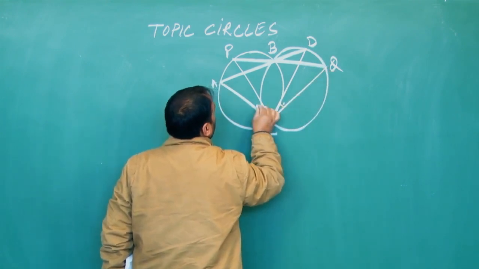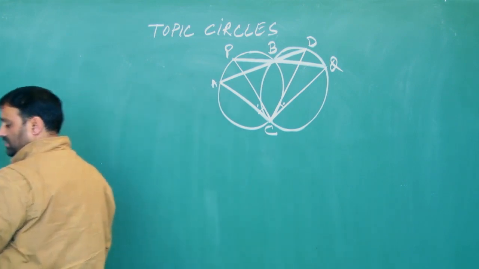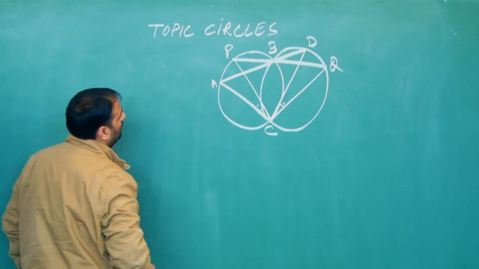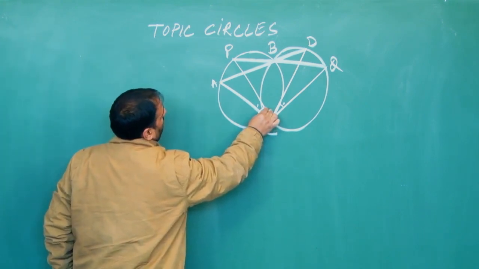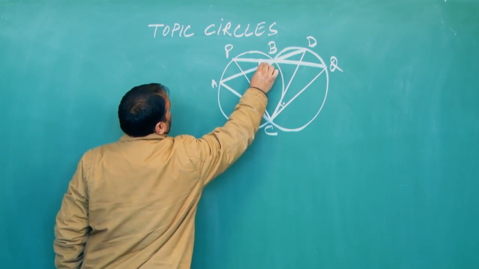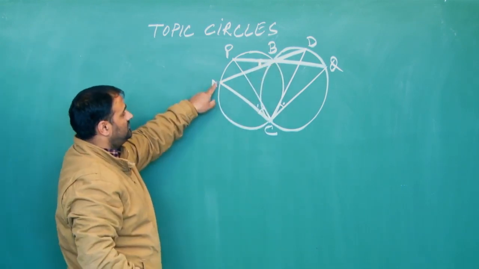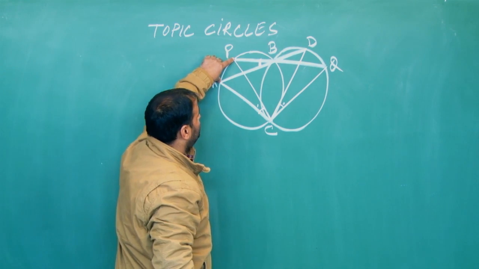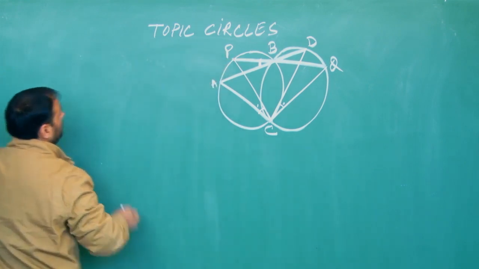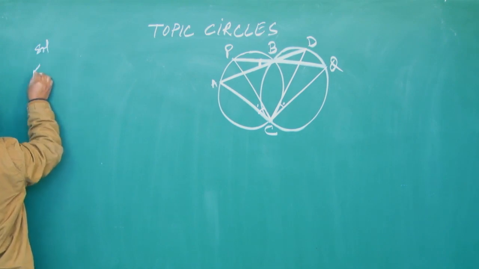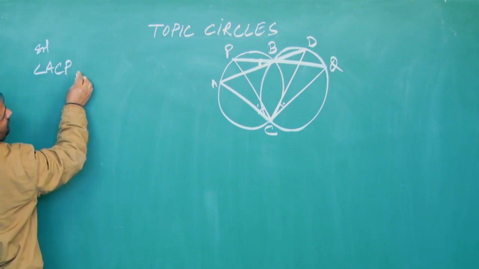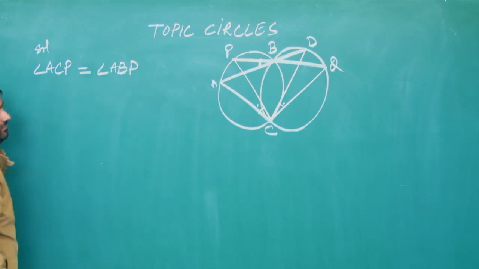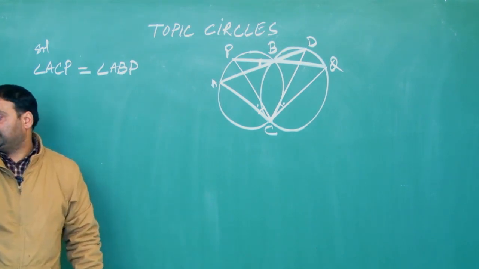We need to find that angle ACP is equal to angle QCD. Now, for angle ACP and angle ABP, we find the relation between the two angles is that angle ACP and angle ABP both are formed on the same segment. So, we can write angle ACP is equal to angle ABP. Angles on same segment.